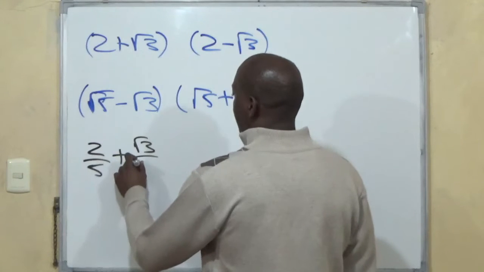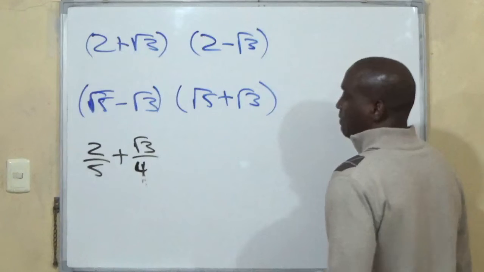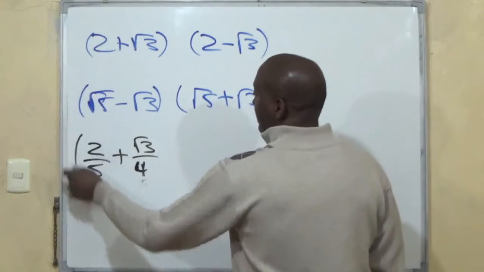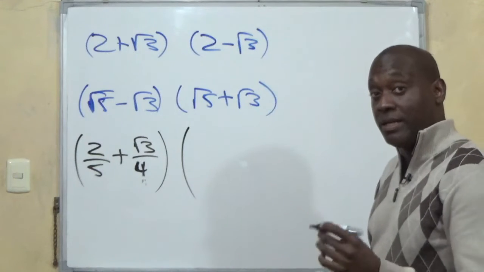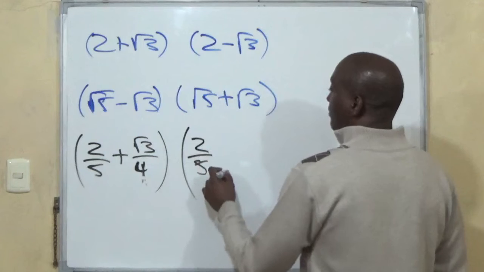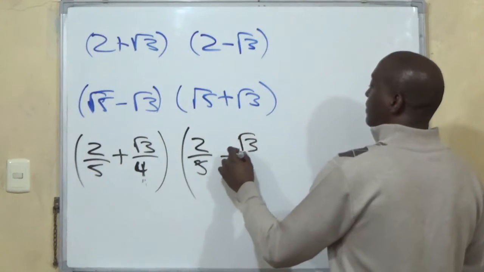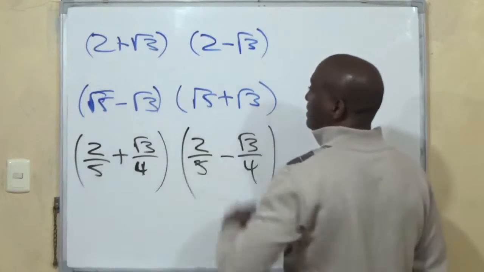Right? There is a whole surd there now. And based on that, you expect that the conjugate of this would be 2 over 5 minus root 3 over 4.